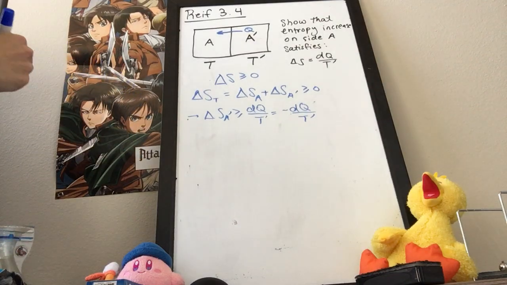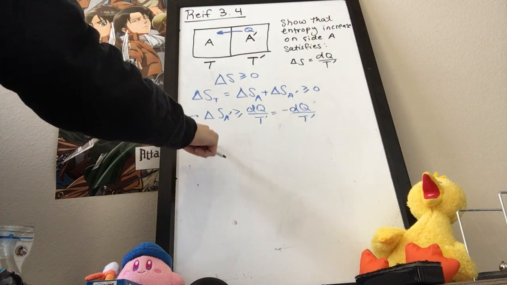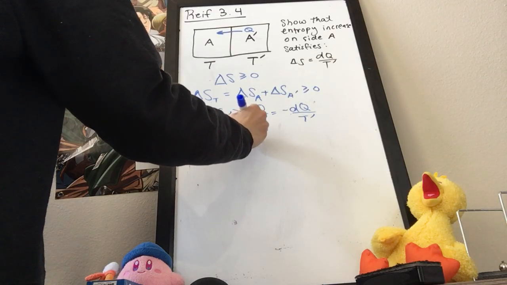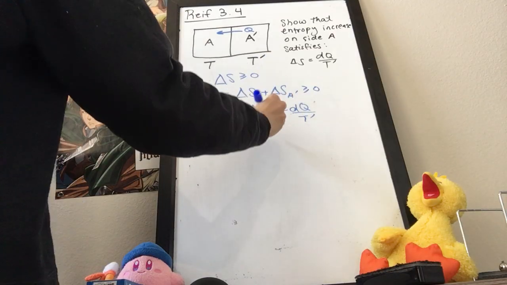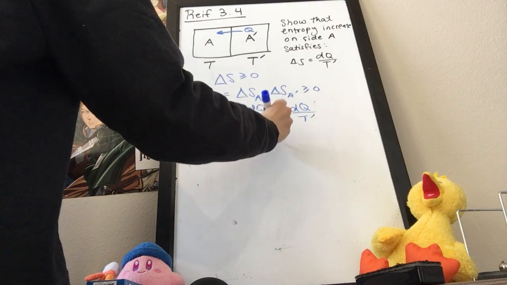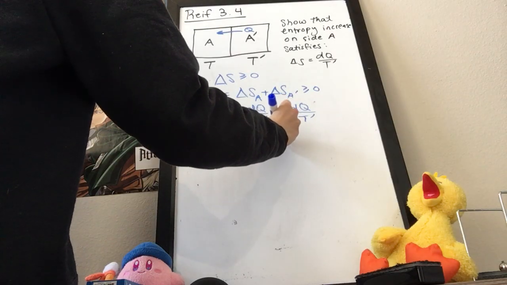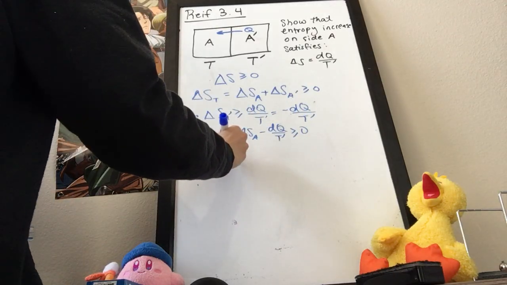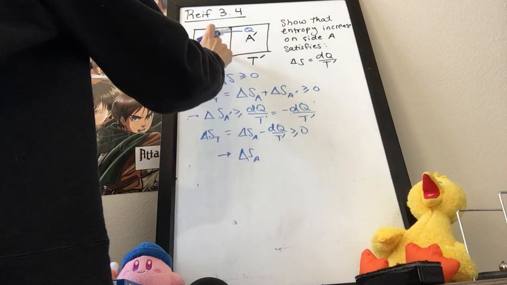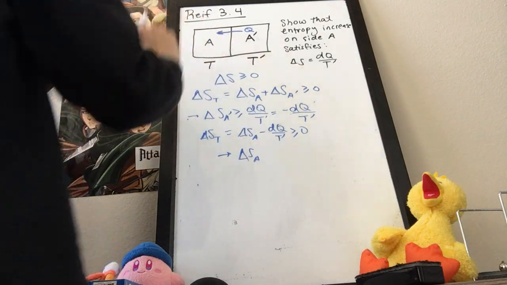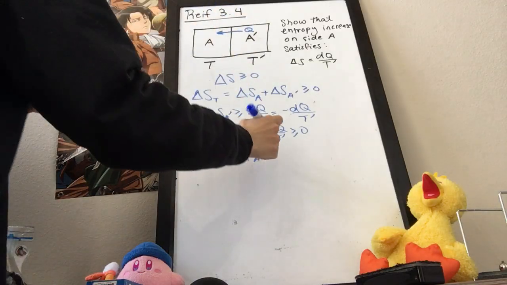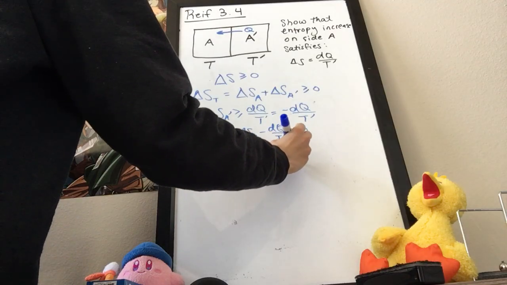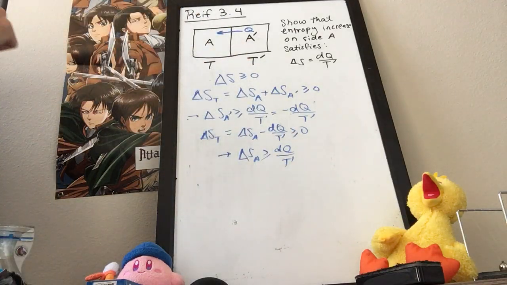So if this is the case, then we rewrite our equation, delta S total is equal to delta S of A, and we substitute our S of A prime into the equation, minus dQ over T prime is greater than or equal to 0, and then we just have to move some terms around algebraically, which gives us that our change in entropy of our ensemble A here, whatever it might be here, just some brick, doesn't matter, is greater than or equal to some change in heat divided by the temperature T prime of our heat reservoir of A prime.